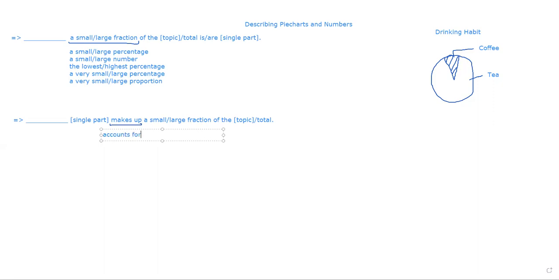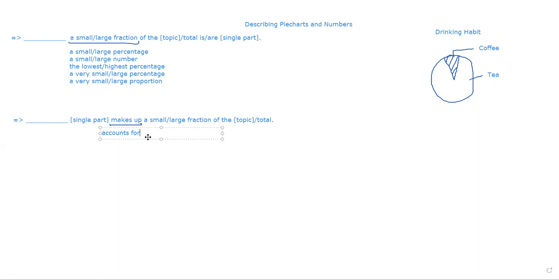Accounts for. If you are talking about a single part, you can use makes up or accounts for. For multiple sections, it will be make up and account for, and in the past tense, it is going to be made up, accounted for.